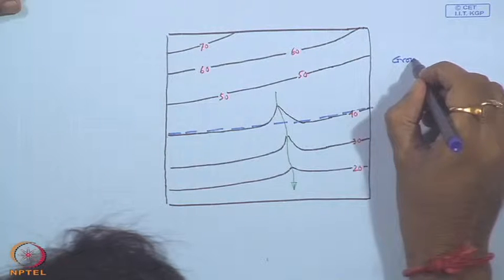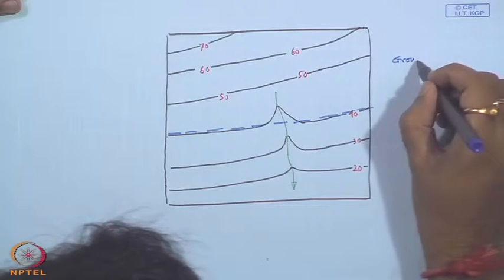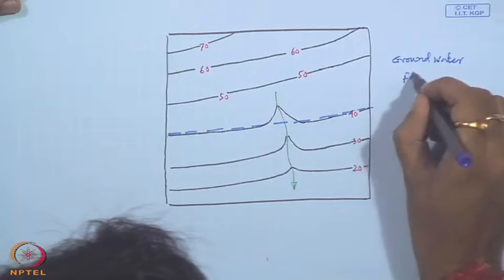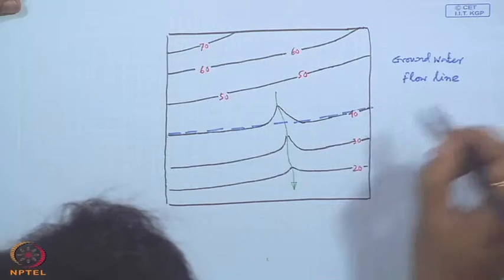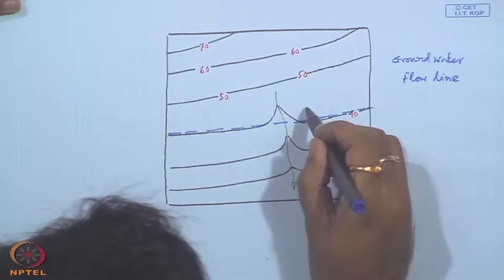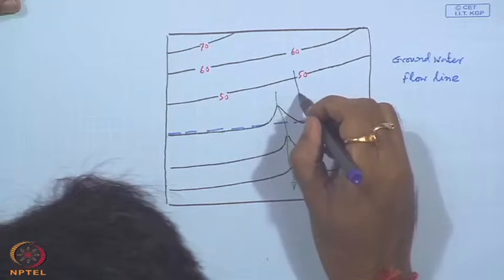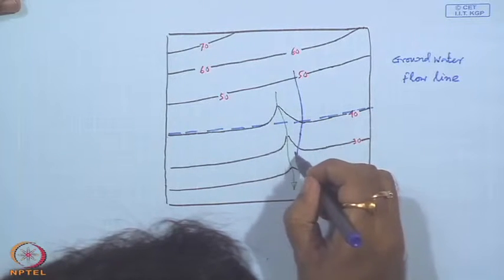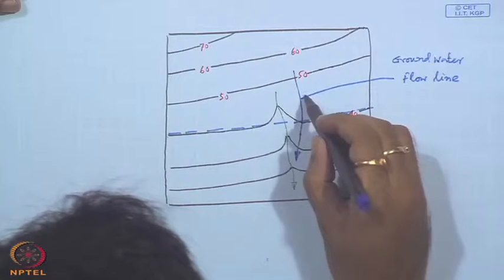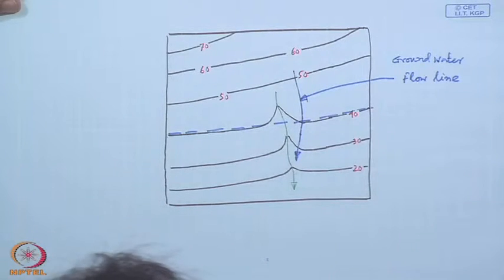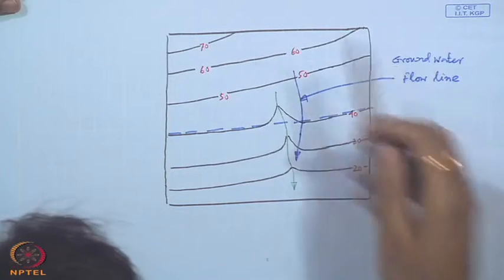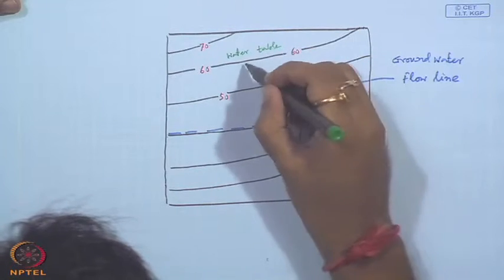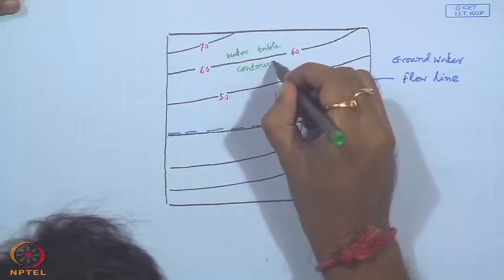This is the groundwater flow line, which will be perpendicular to this. So, this is basically the groundwater flow line, and these are water table contours.